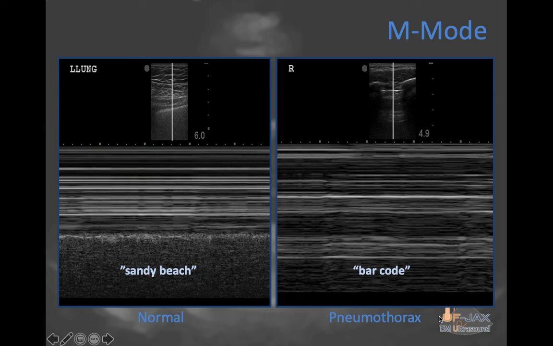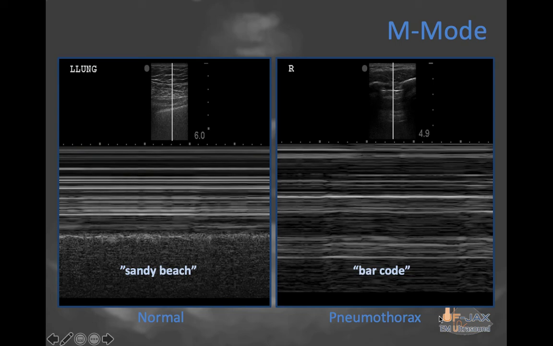When activated, a vertical line appears on the screen, and every point along that line is graphed over time. Just like in seismography, motion creates upward or downward deflections or a wave, whereas stillness creates a straight horizontal line.